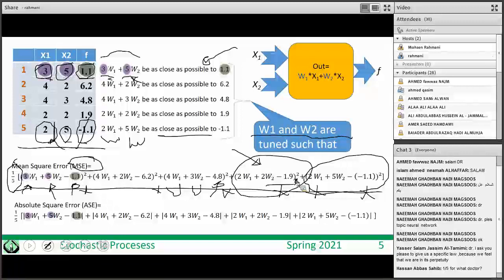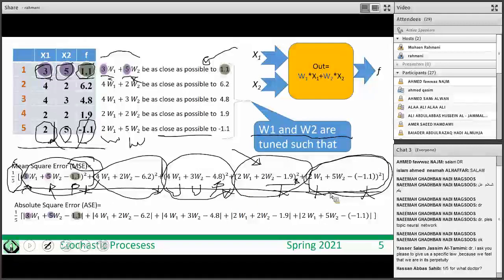If we minimize the error, we need to minimize all these terms. We have 5 terms here. Each term is related to a row of the table. We want to minimize all these 5.